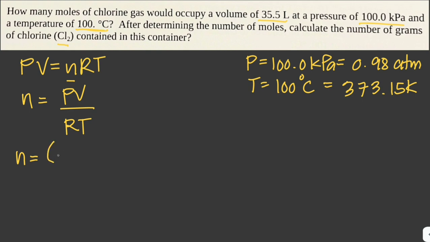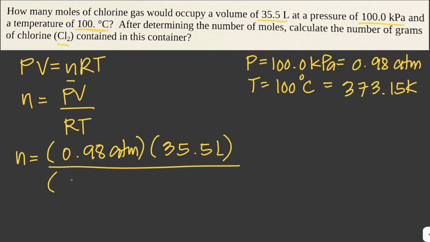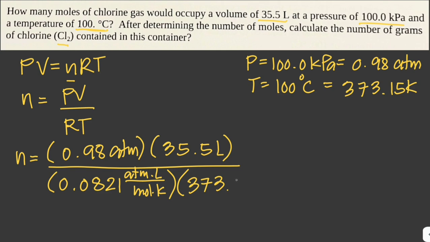So pressure is 0.98 atmosphere, and then the volume is 35.5 liters. Then our gas constant, which is equal to 0.0821 atm liter per mole Kelvin, and then our temperature in Kelvin, which is equal to 373.15.